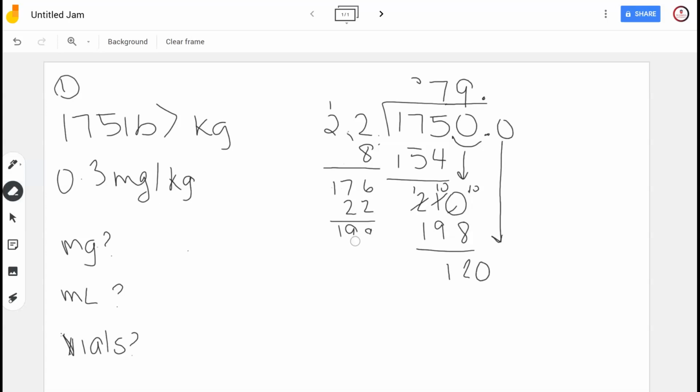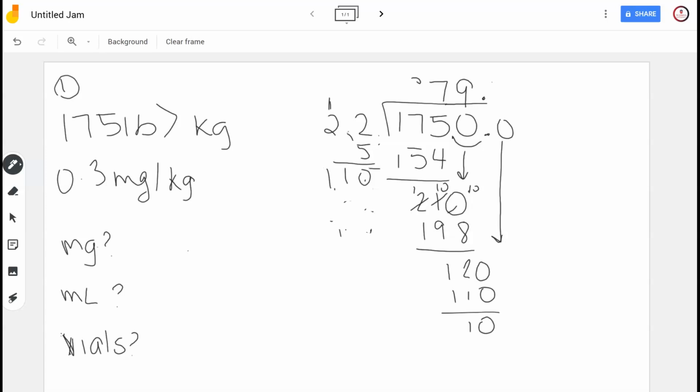Goes into 120. 5 times. It's 10, 10, 11.